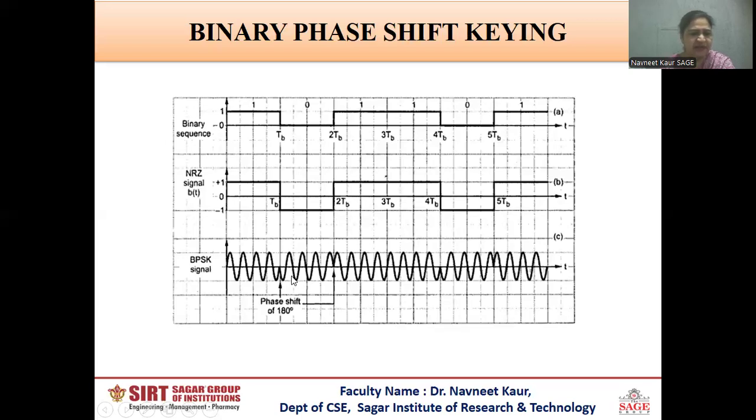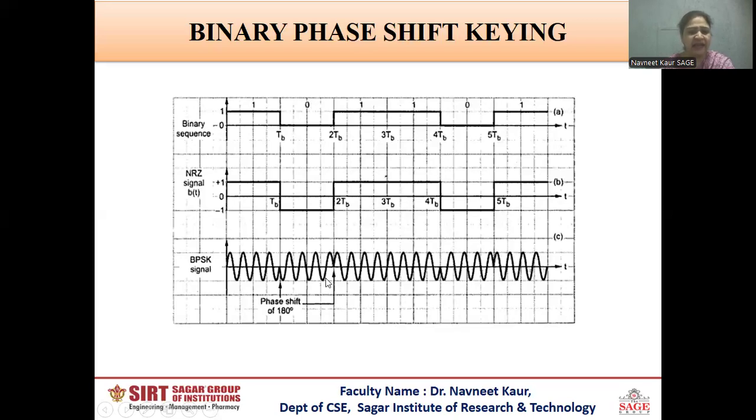That means here we are having a phase shift of 180 degrees. Again, when there is a change of message from 0 to 1, there is again a phase shift of 180 degree. That means instead of going towards the negative direction, it is bounced back to the positive direction. So again, whenever there is a change in the level, there is a phase shift of 180 degree. Here again, there is a change in the level. There is again a phase shift of 180 degree.